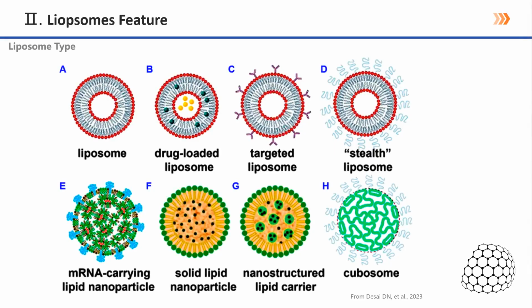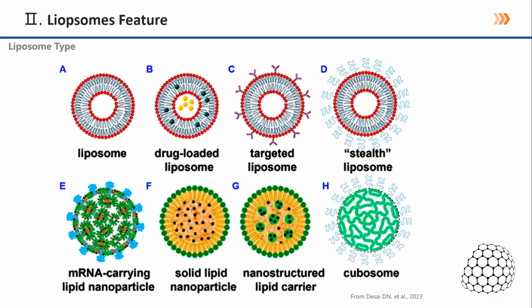We have learned that there are many types of liposomes. In addition to the types mentioned above, there are also stealth liposomes, which are better able to evade recognition by the body's immune system. Drug-loaded liposomes, as the name suggests, have the main function of loading drugs. Targeted liposomes emphasize the ability to accurately deliver drugs to specific cells or tissues.